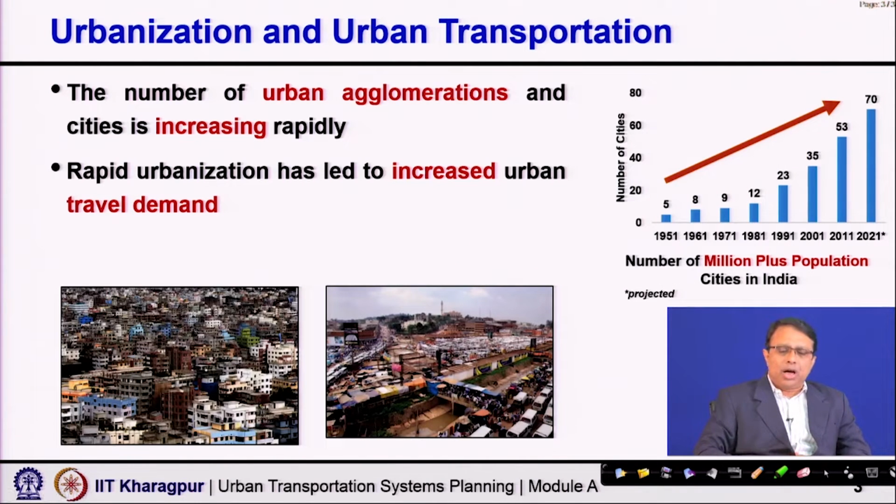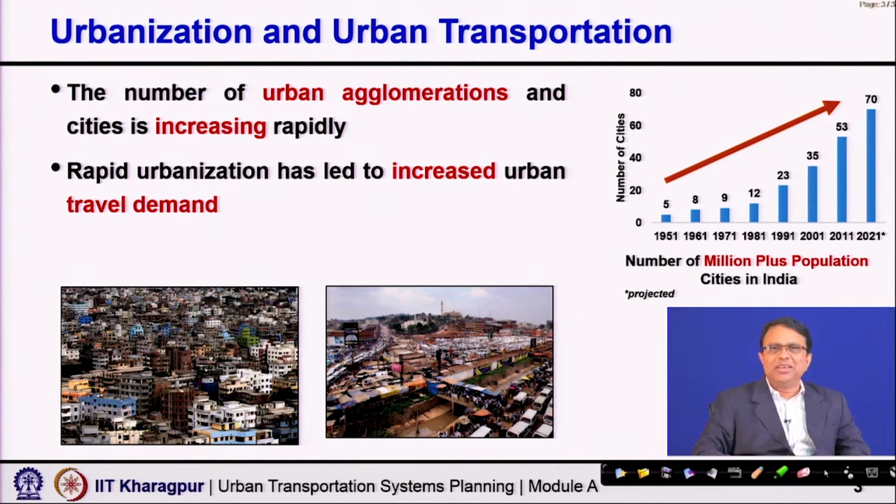The number of urban agglomerations and the cities is also increasing. Here on the right hand side, I have shown how the number of million plus population cities is increasing in India.